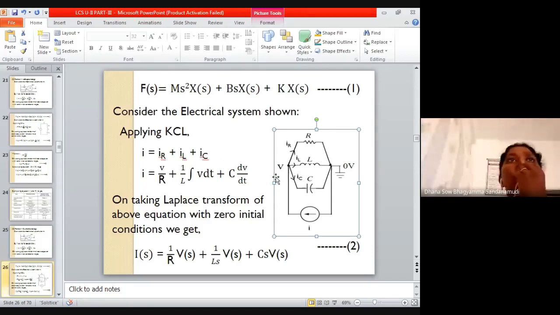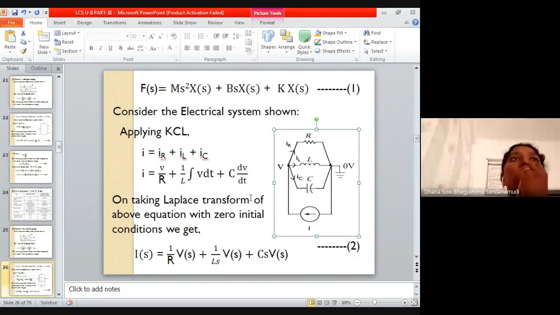In terms of node voltages, if you want to represent the currents in these three elements, then I will be equal to V by R plus 1 by L integral of V dt plus C dV by dt. This is our Kirchhoff's current law equation. Algebraic sum of currents entering at the node is equal to algebraic sum of currents leaving through the node. So there are three currents which are leaving and only one current is entering.